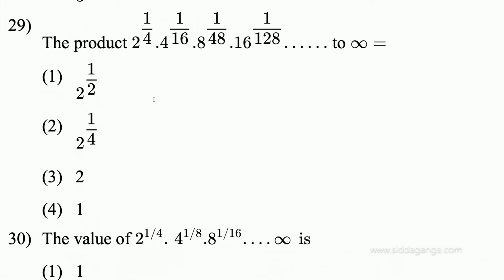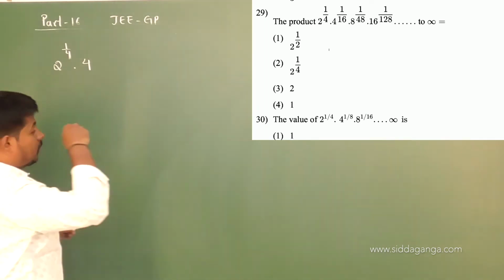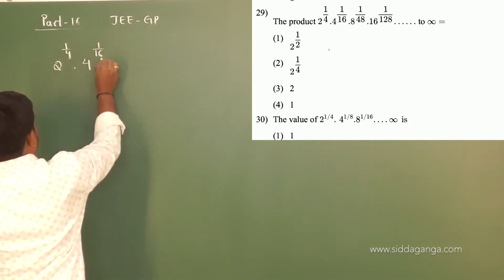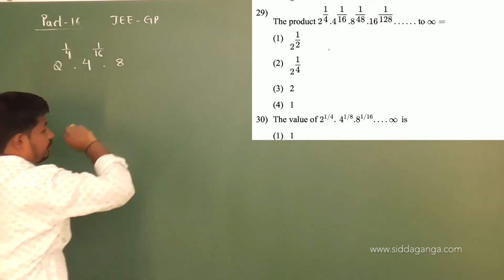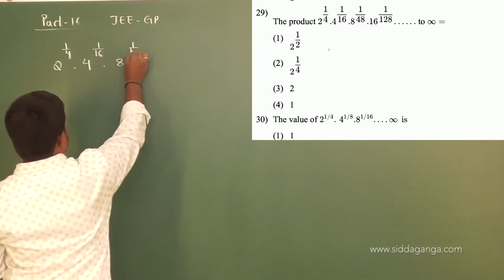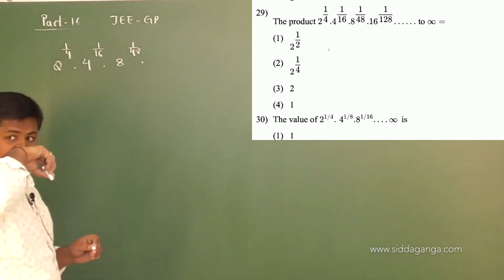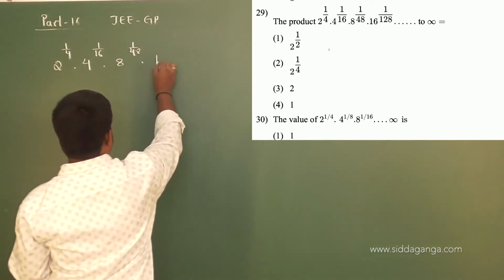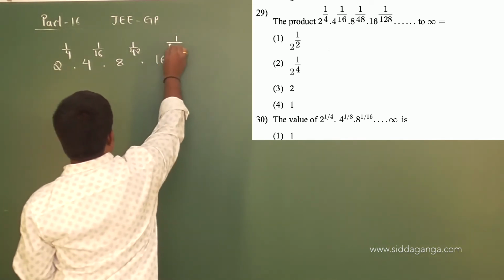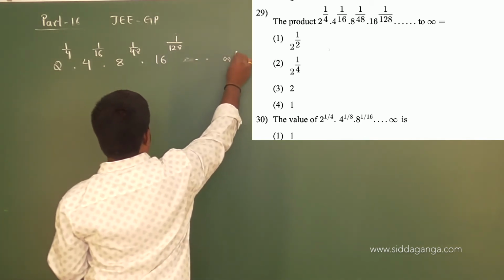Now I can write the given product as 2 power of 1 by 4 into 4 power of 1 by 16 into 8 power of 1 by 48 and 16 power of 1 by 128, into infinite terms.